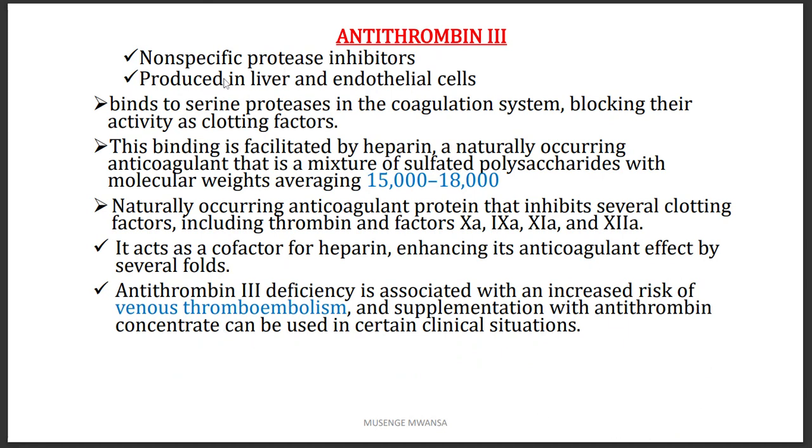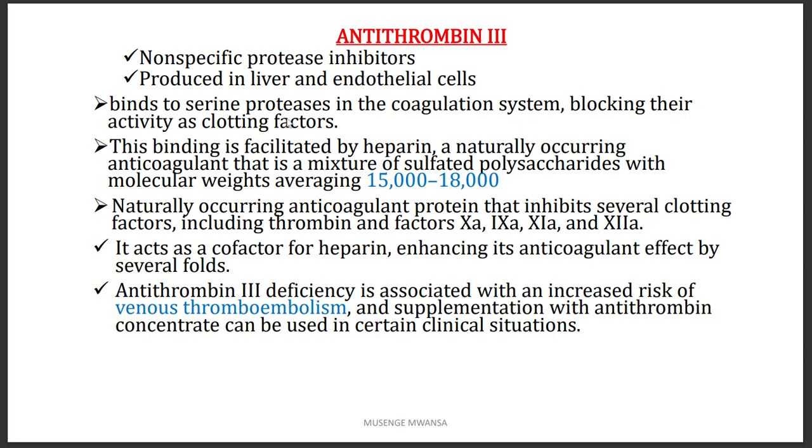So we have already mentioned to say it is a protease inhibitor and non-specific. It is produced in the liver and endothelial cells. Endothelial cells, simply cells in the blood vessel, cells which make up the epithelium of the blood vessel. So what antithrombin 3 does is that it's going to bind to serine proteases in the coagulation system.